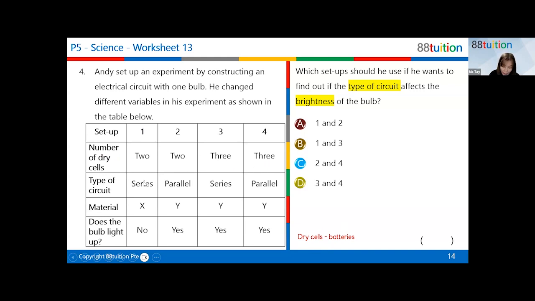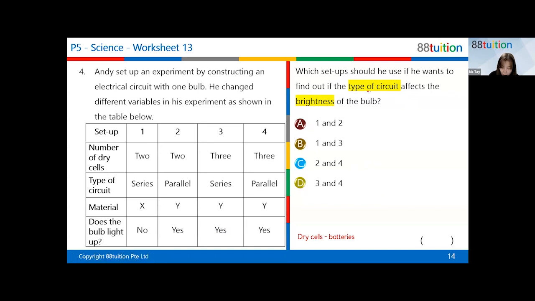Type of circuit: series, parallel, series, parallel. Then you have material X, Y, Y, Y. Be very careful. Then after that, did the bulb light up? No, yes, yes, yes. So you are supposed to choose the correct setup if you want to find out how the type of circuit affects the brightness of the bulb.